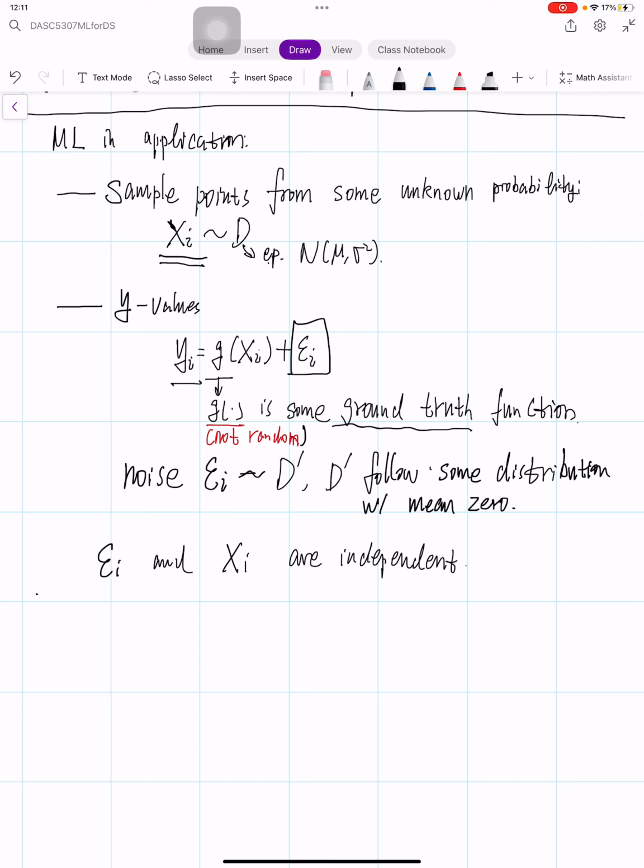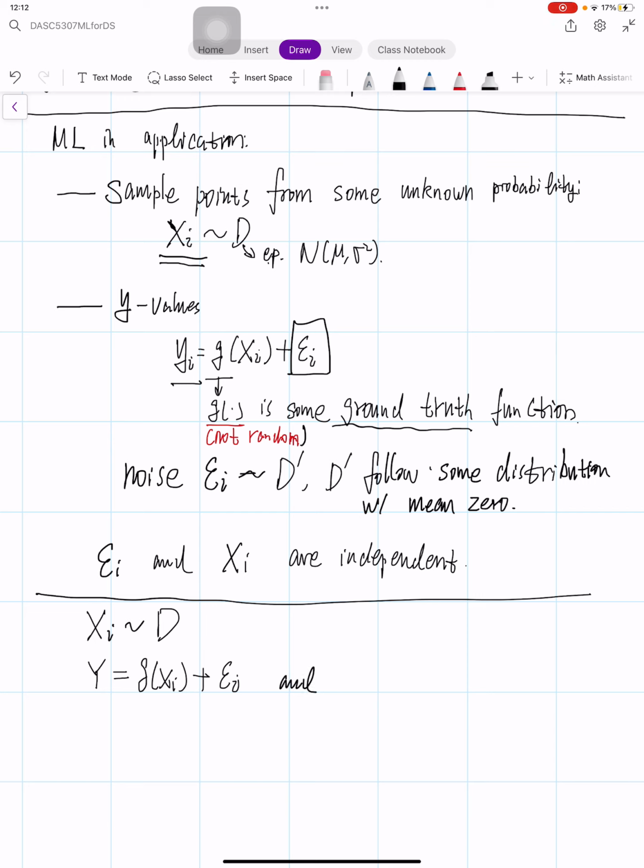So the bottom line is that x is a random variable that follows the distribution D, and y is also a random variable, generated by some function g of xi plus some measurement error epsilon i. And xi and epsilon i are independent.